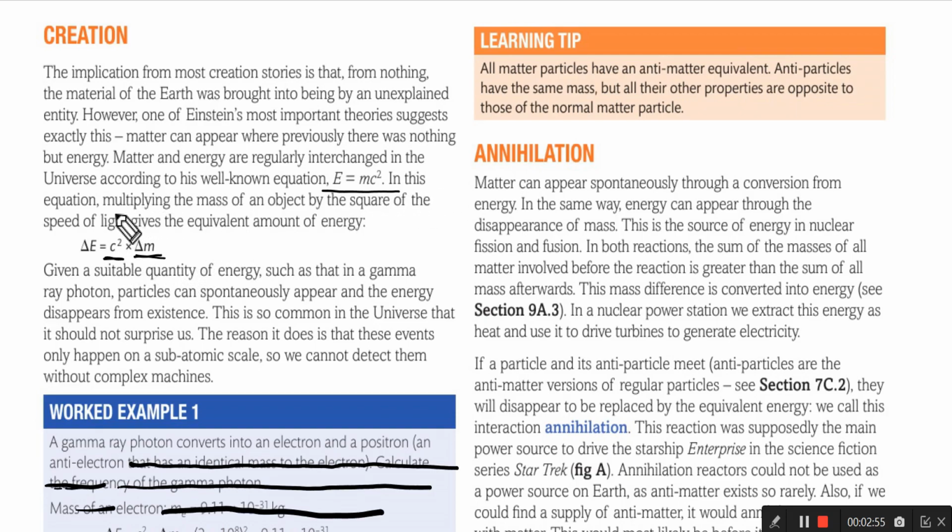So in this equation, multiplying the mass of an object by the square of the speed of light gives the equivalent amount of energy.